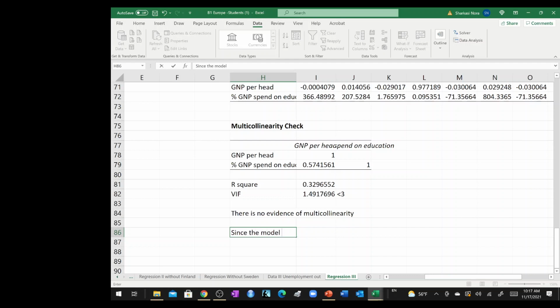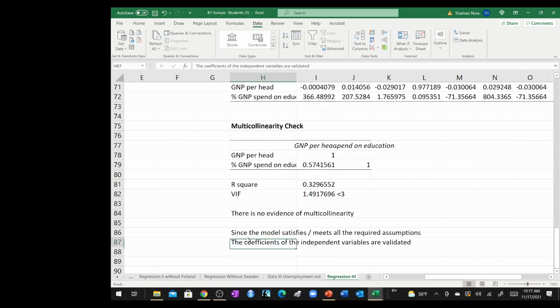And as you can see, since the model meets all the required assumptions, the coefficients of the independent variables are validated. They are the significant coefficients.